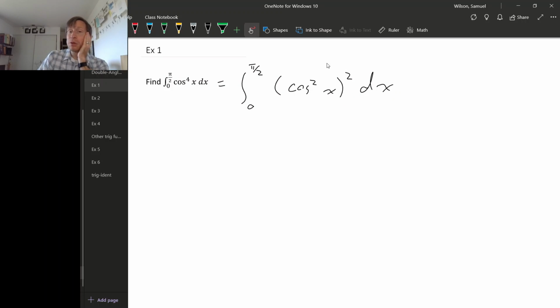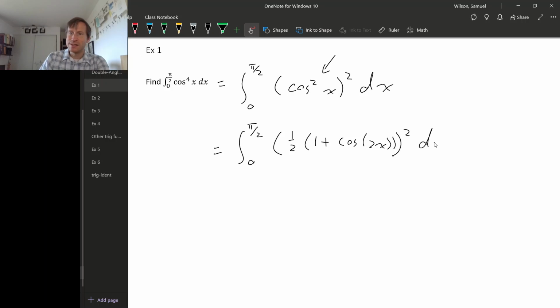So we can use the double angle identity for cosine squared on the inside of these parentheses here. So the integral from 0 to pi over 2 of, the identity for cosine squared was 1/2 times 1 plus cosine 2x, all squared dx.